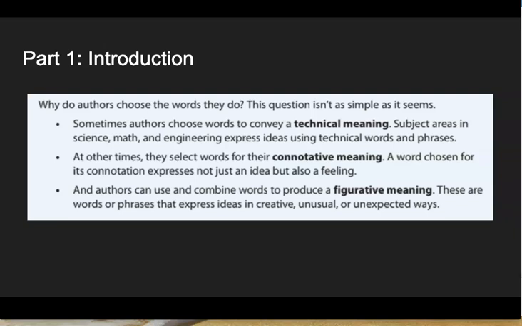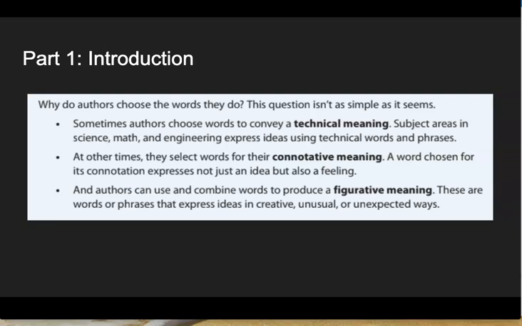Also, connotative meanings. The definition here is a word chosen for its connotation expresses not just an idea, but a feeling. The way I like to think about connotative meaning is there is the dictionary definition, which is actually called the denotation. But then you've got some kind of emotional attachment with it. Usually there's a positive connotation or a negative connotation.